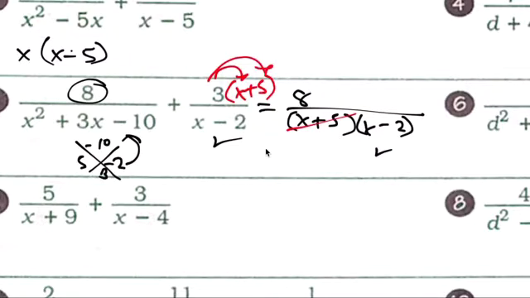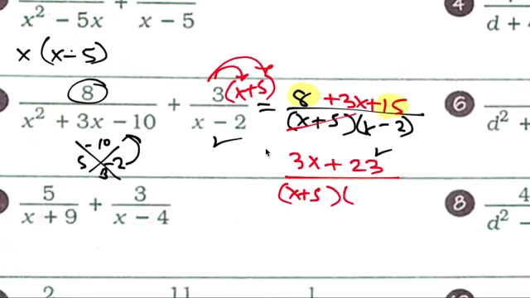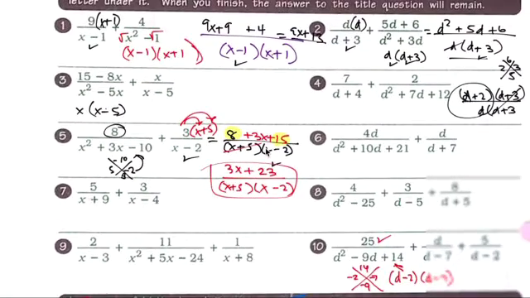Distribute, you get a positive 3x plus 15. Combine things that are alike. Here you get 3x plus 23 all over x plus 5 and x minus 2. Yeah, you can't break it down further, so that's your answer.